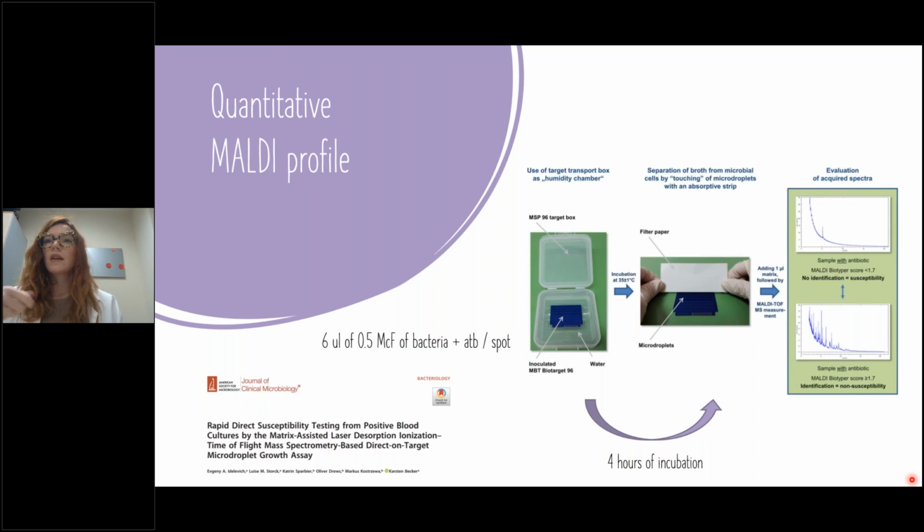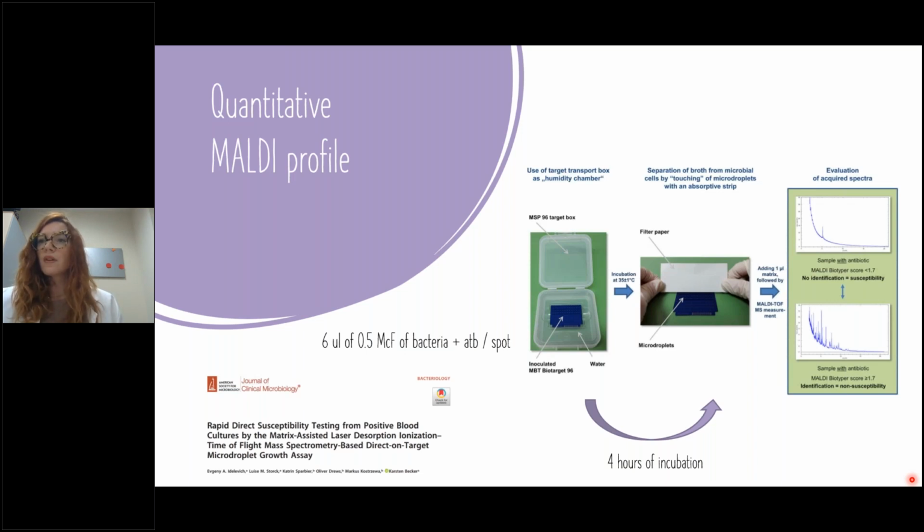Evgeny Velichev did a lot of research in this area, and he improved the method so that you can incubate the bacteria with the antibiotic directly on the spot, and separate the broth from the microbial cells just by touching the micro droplets with a filter paper, and afterwards you spot the matrix in different spots and perform the measurement.